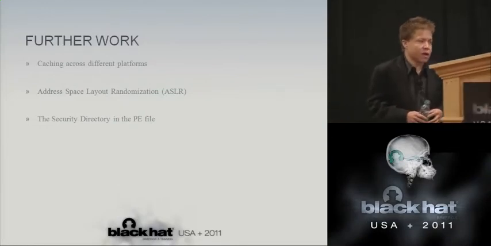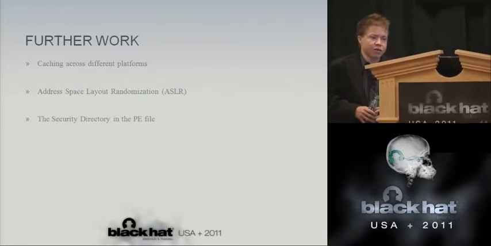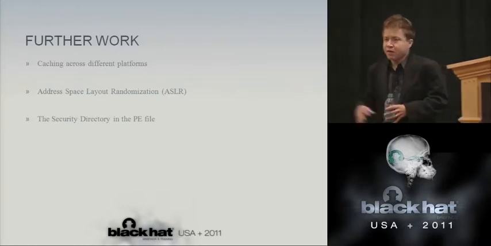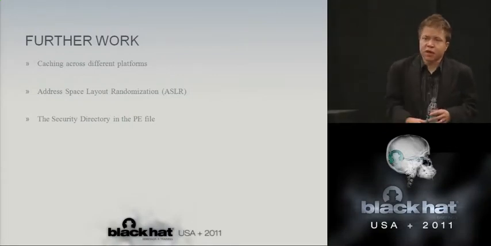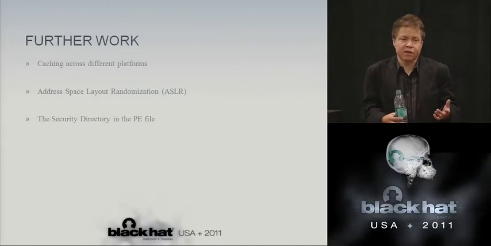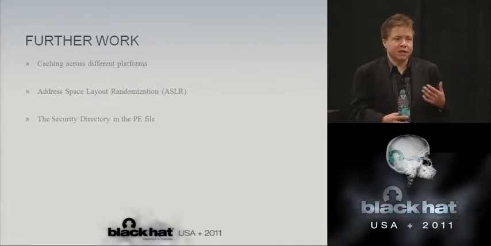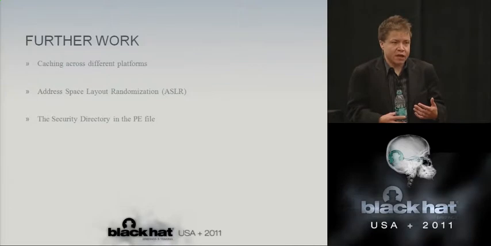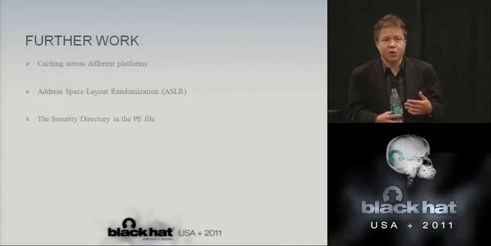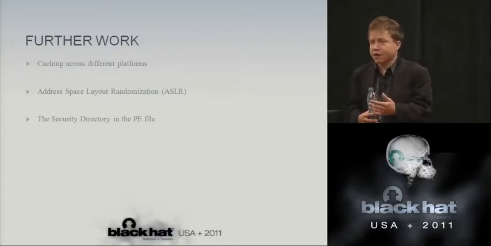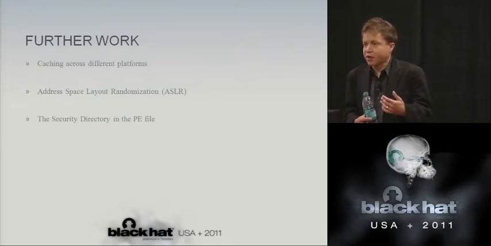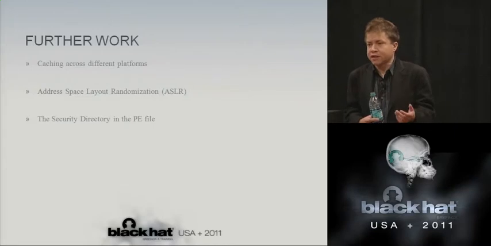There's also address space layout randomization. How many people are familiar with that concept? So when the binary loads into memory, well, when it's compiled, it says, I would like to be loaded at this address. And a lot of things within the binary are based upon that desired load address. If the binary is not loaded at that address, then the operating system, the loader, has to utilize a section of the PE file called the relocation section.